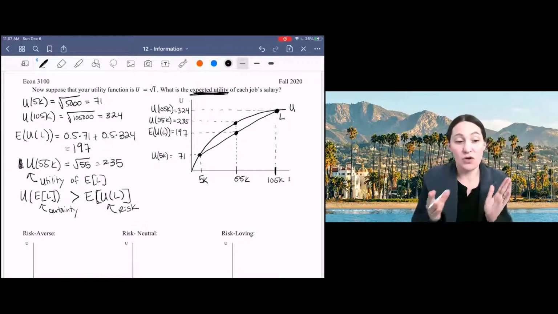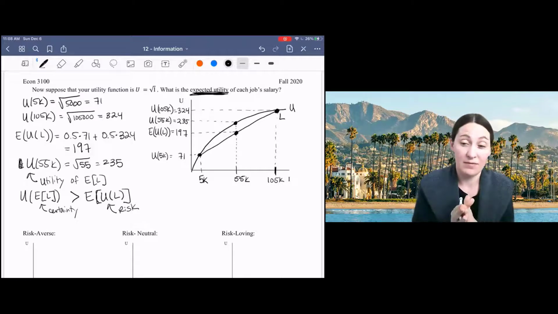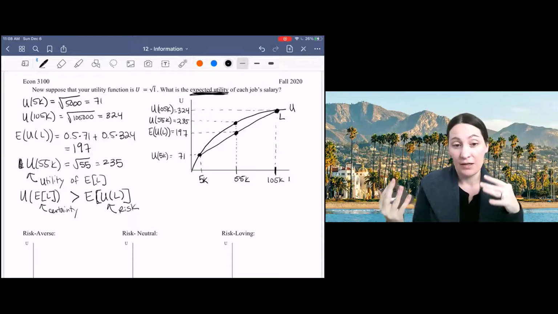Both have the same expected value, right? If I have $55,000 with certainty and if I have $55,000 with risk.